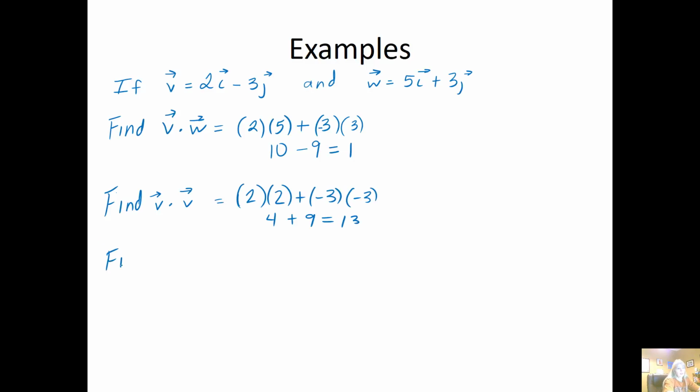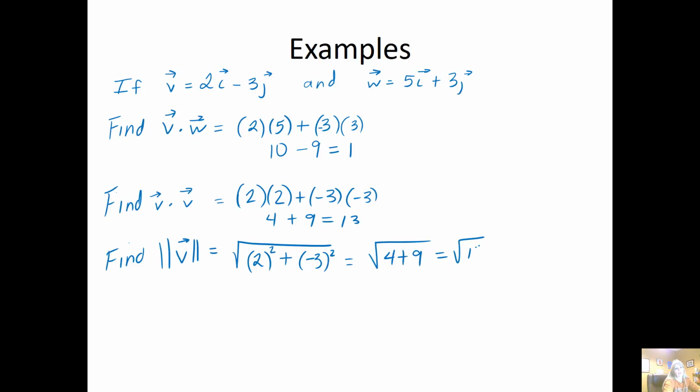If you are asked to find the magnitude, if you remember, that was the square root of my horizontal component squared plus my vertical component squared. So that gives me 4 plus 9, which is the same as the dot product. That's kind of nice to know.